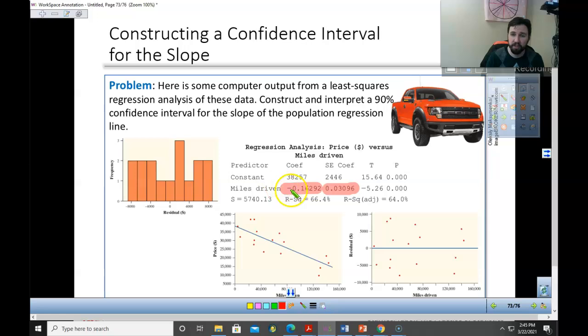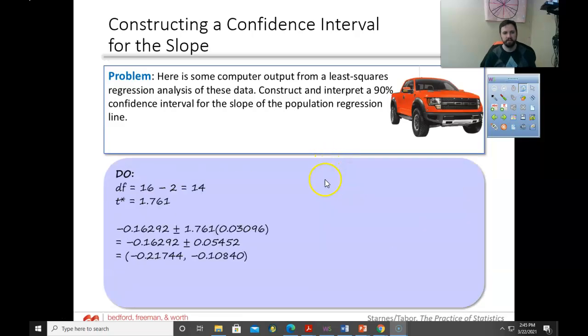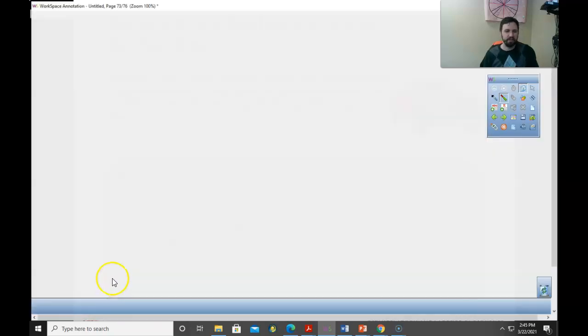So slope b1, standard error. I know I'm going quick, guys. So we do our slope, the coefficient of miles driven, plus or minus our 1.761 from the table, times our standard error, which is 0.0306996. So we get this answer right here.